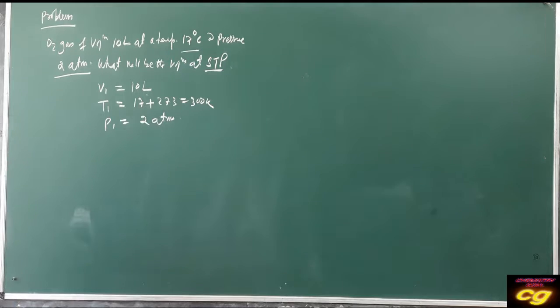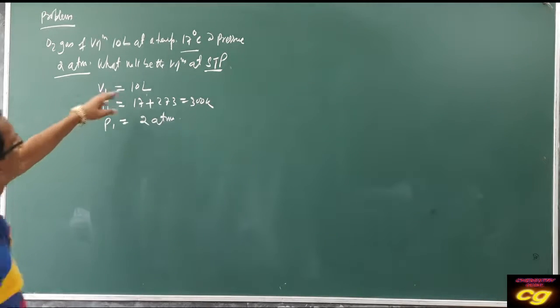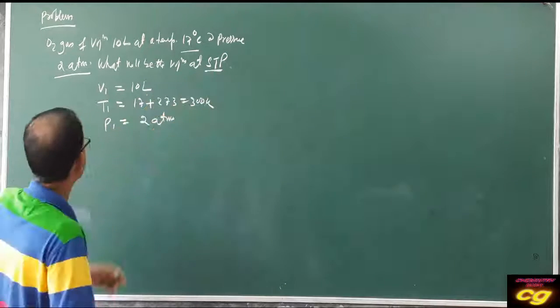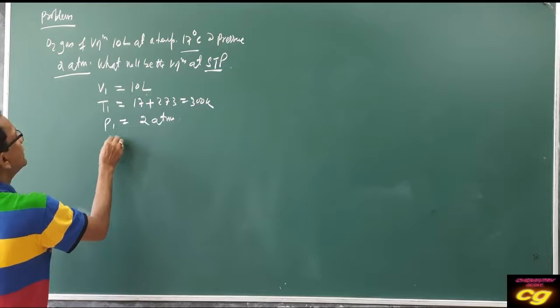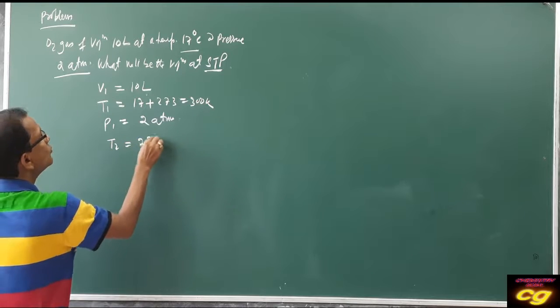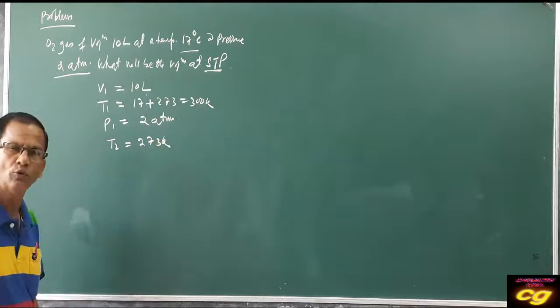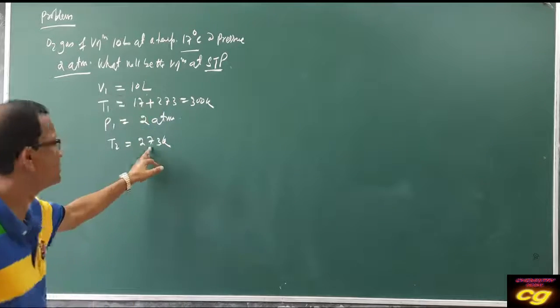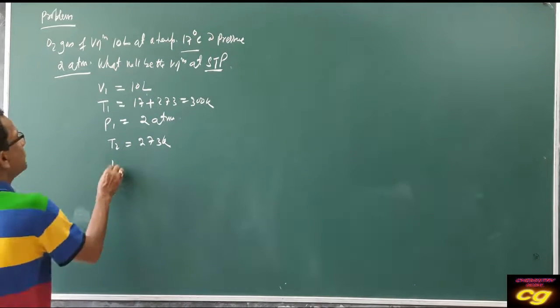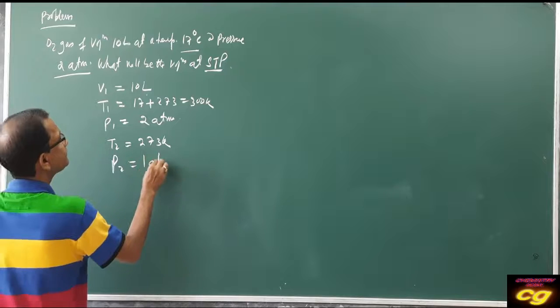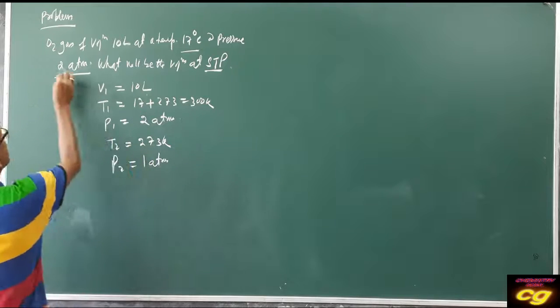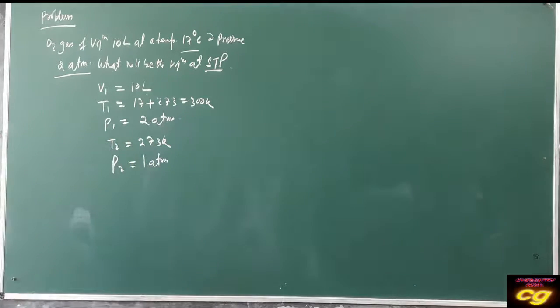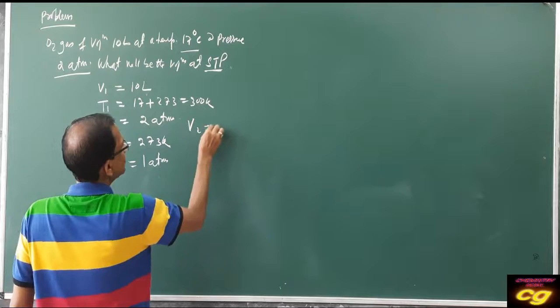Then what will be the volume at STP? STP means T2 is equal to 273 K, and pressure will be 1 atm. As pressure is given in atm, you will write in atm. So V2 is asked.